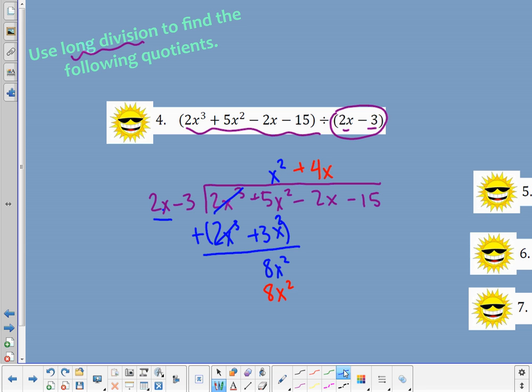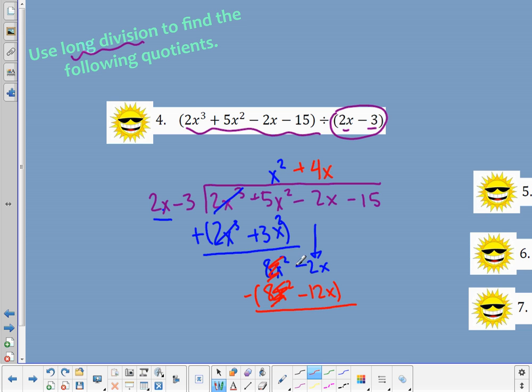I need that next term to be dropped down, just like we would drop it down in the original type of division without any x's. And then 4x times negative 3 is negative 12x. And then I subtract. 8x squared minus 8x squared goes away.